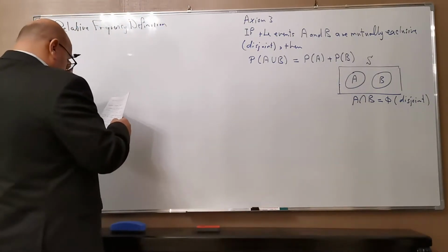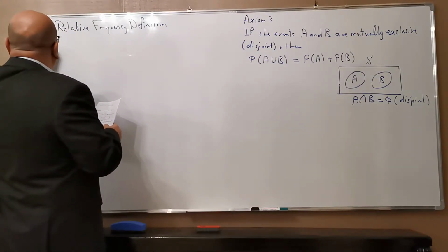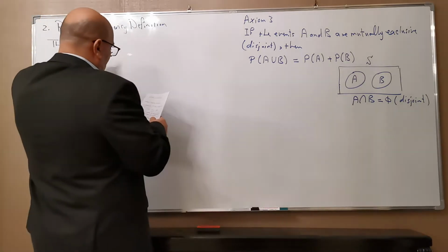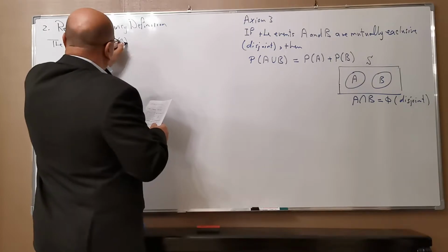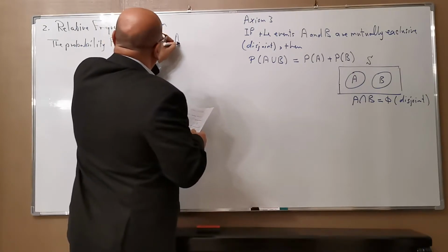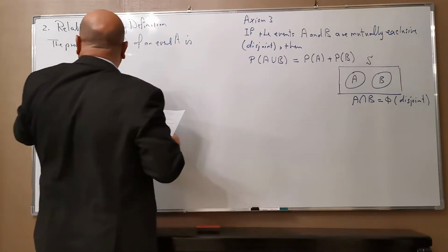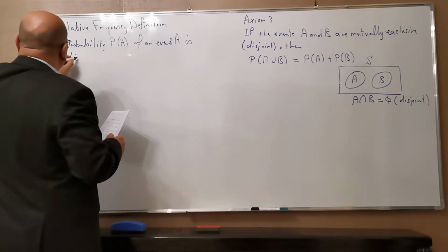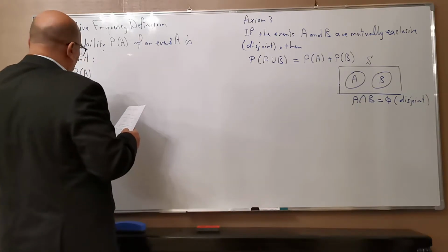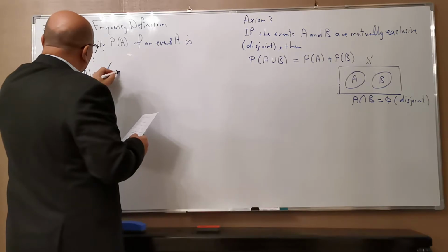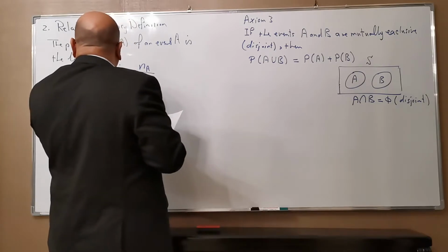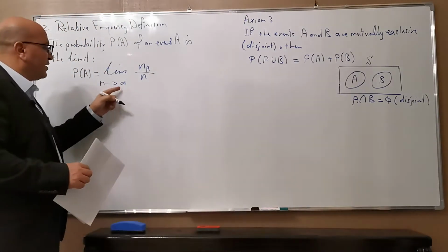Here it says that the probability of an event A is the limit, probability of A is equal to the limit of n sub A over n, where n approaches infinity, when n is a very large number.